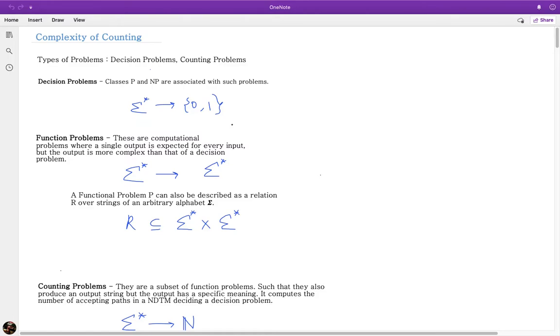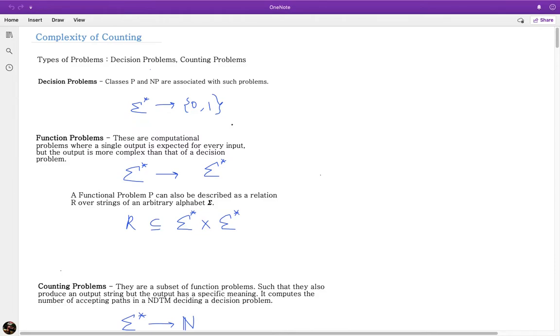So before we begin, let us see what different types of problems there are, and what the relation between them is. As we have seen a lot in the course, which was based around decision problems, we have defined several complexity classes like P, NP, and so on, which are associated with decision problems.